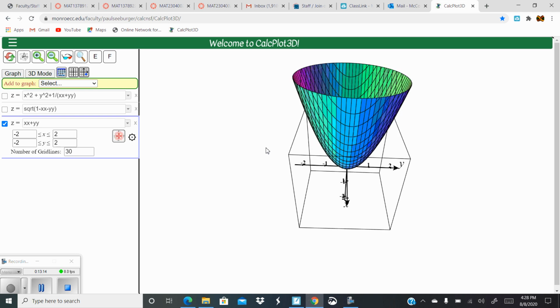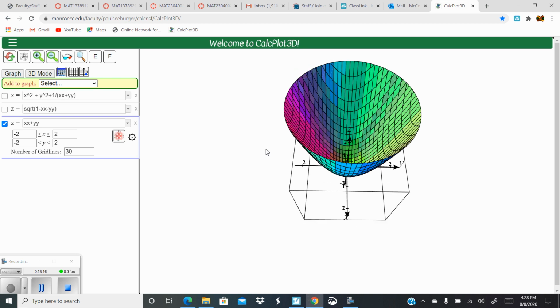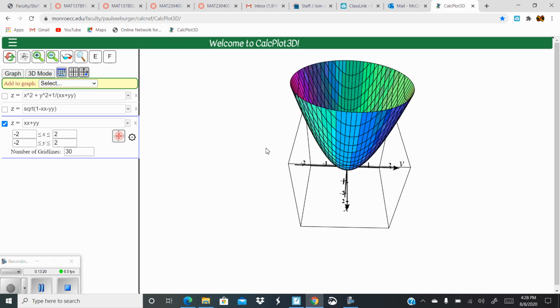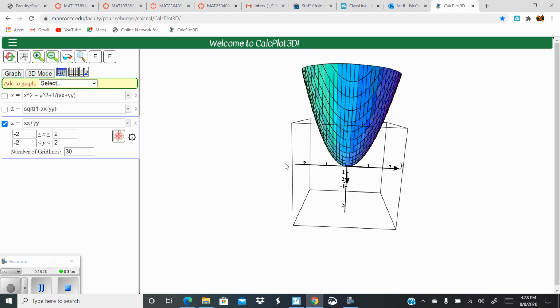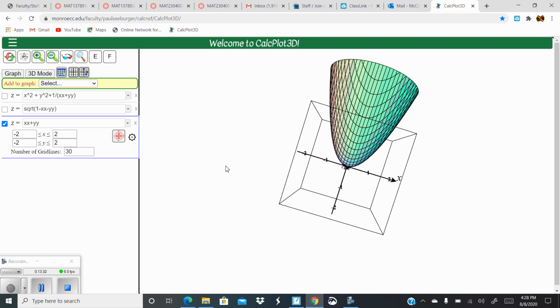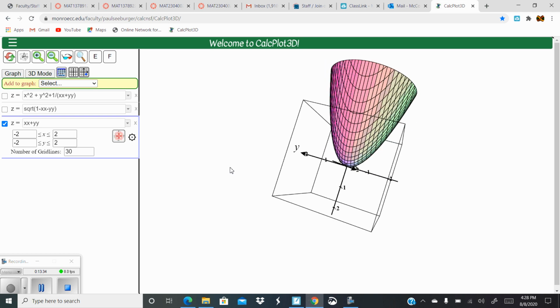If you tilt it this way, now it gives it some dimension. It kind of looks like an open bowl. Not exactly something that's going to stand up for us, but that's what it is. It's a bowl. And then you can also rotate it left and right. And you can see that from any side, it looks exactly the same.